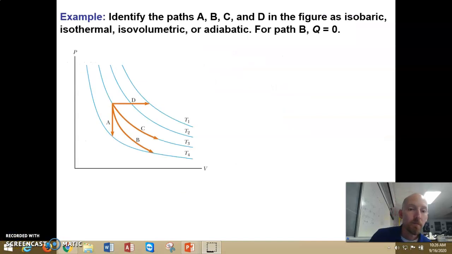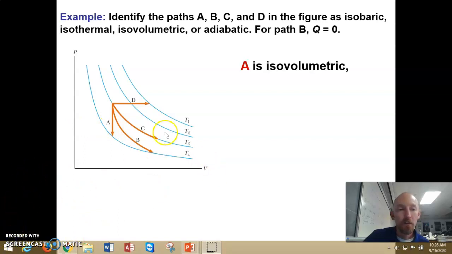Example problem. Can you identify which path is isobaric, isothermal, isovolumetric, and adiabatic? So there's easy ones. This vertical line will be your isovolumetric process because volume doesn't change.